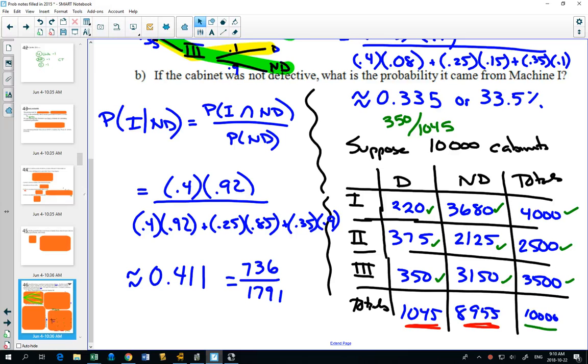The second one, it says it was not defective. Means out of our 10,000, we are now looking at only 8,955. What is the probability it came from machine 1? Well, 3,680 out of 8,955.